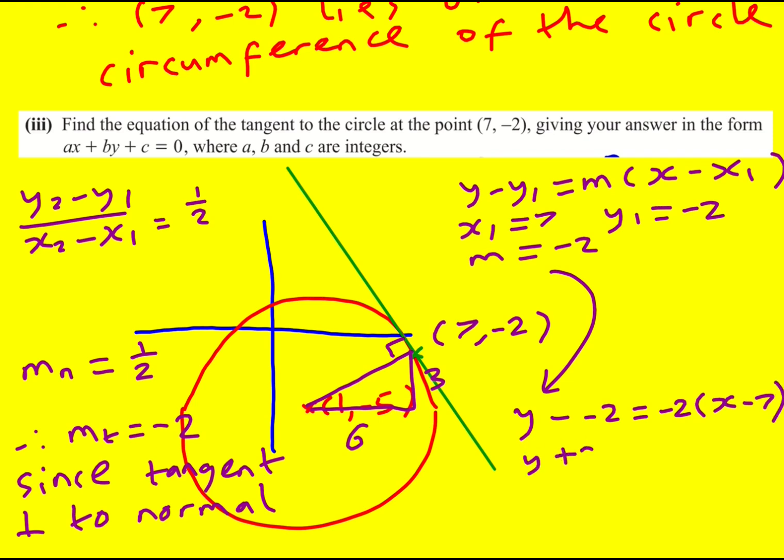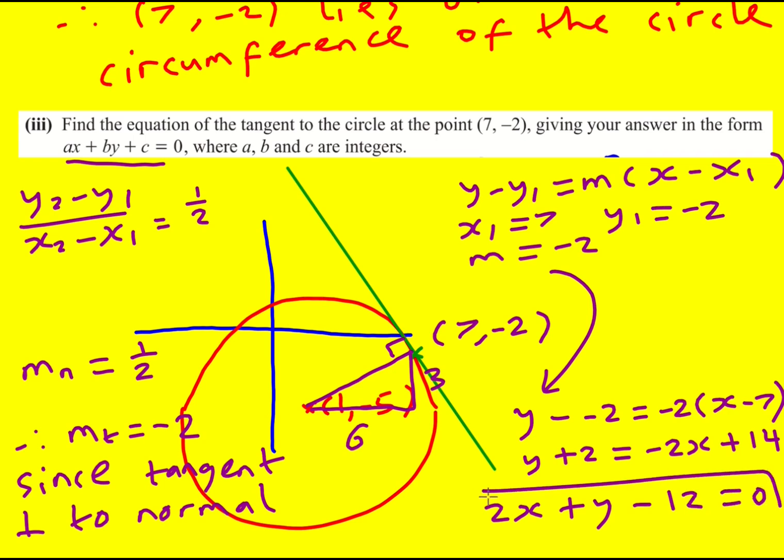So y + 2 is equal to −2x + 14. And now remember, I'm trying to write it in the form ax + by + c = 0. So it's going to be 2x + y − 12 = 0. Okay, well done.